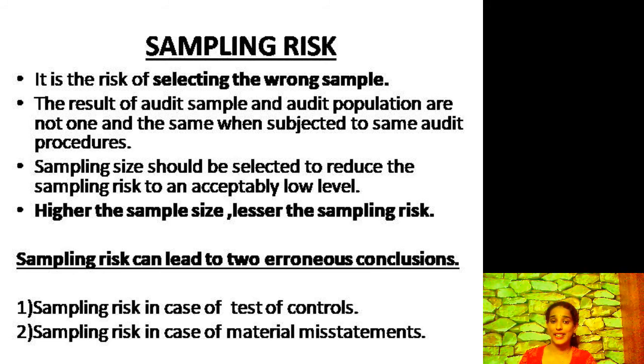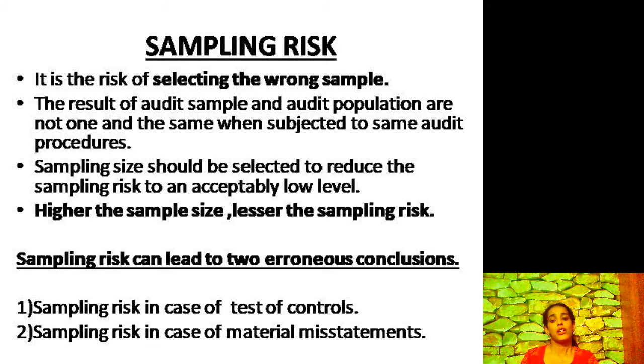Now I can say there is a sampling risk because I have selected the wrong sample and applied the audit procedures, because of which the result of the audit procedures in the sample and the result in the entire population are different. The same audit procedures I apply, by verification or vouching, or I even do a calculation. I do both on the sample and the population, but the result I obtain is different. In such a scenario I can say there is a sampling risk.